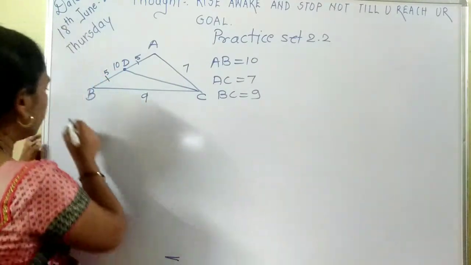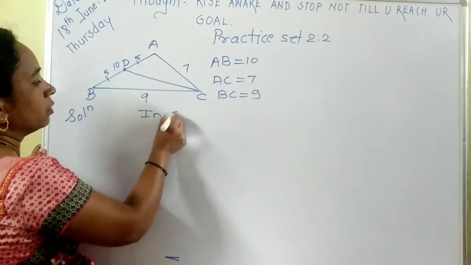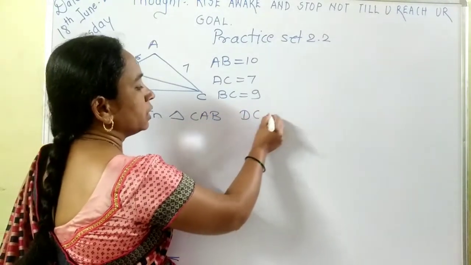Here once again we'll use the Apollonius theorem. So solution: in triangle CAB, DC is median.